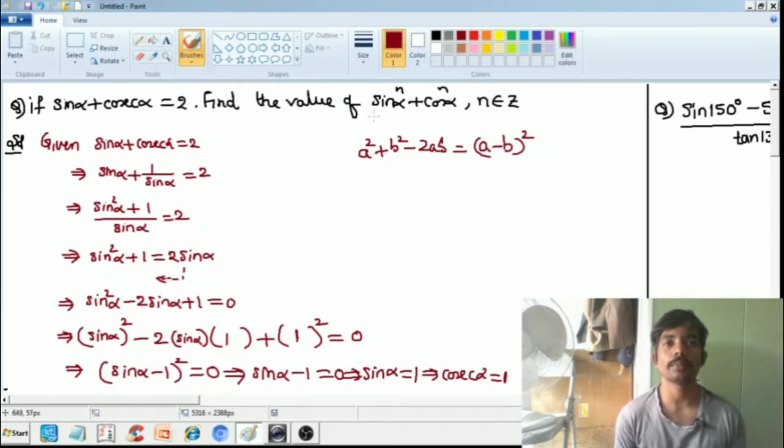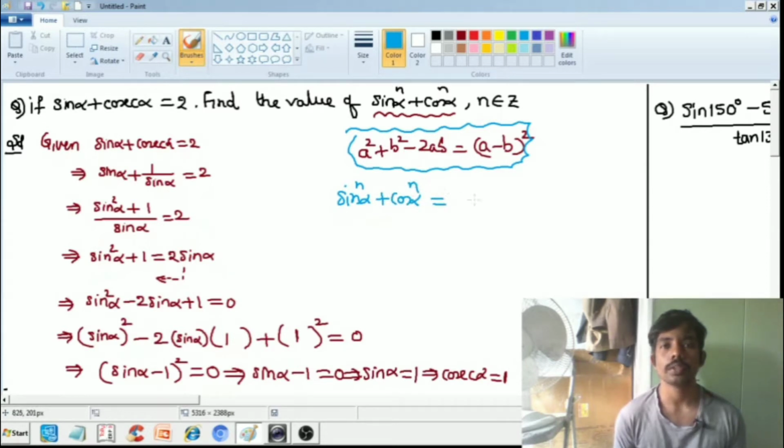This is the question we need to solve. I am writing here. This is a formula. Sin alpha to the power of n plus cos alpha to the power of n is equal to, sin alpha value is 1 to the power of n plus 1 to the power of n is equal to 1 plus 1 is equal to 2.